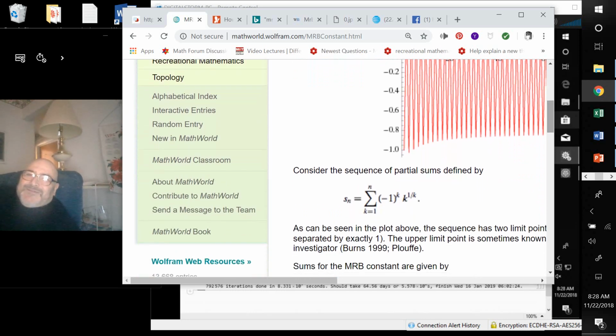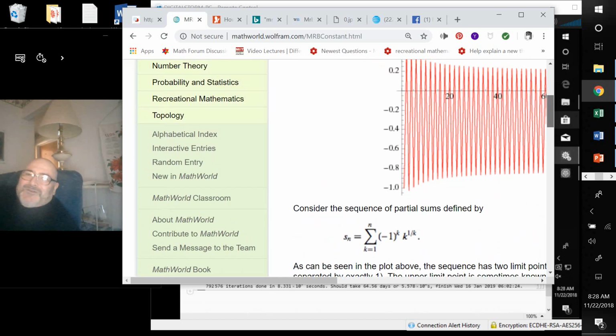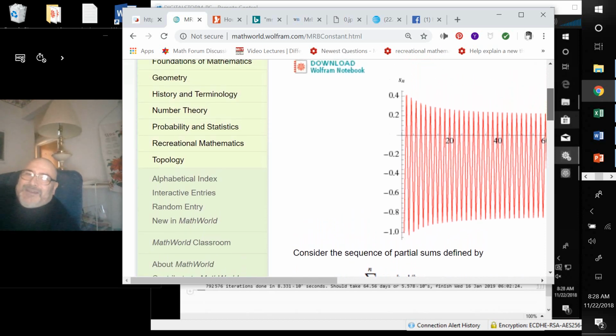Okay, so then there was another S of n. That was negative 1 plus the square root of 2. Well, the square root of 2 is about 1.4 something. So negative 1 plus 1.41 is 0.41.